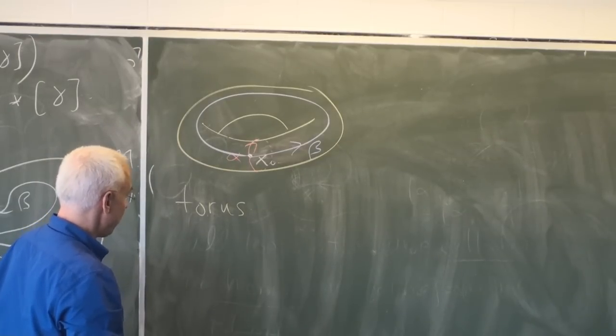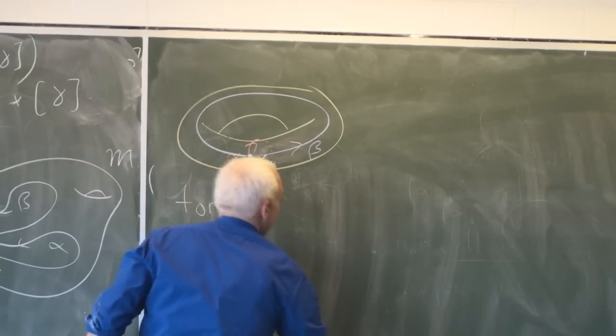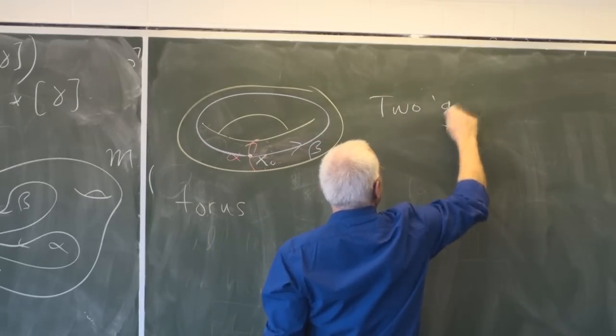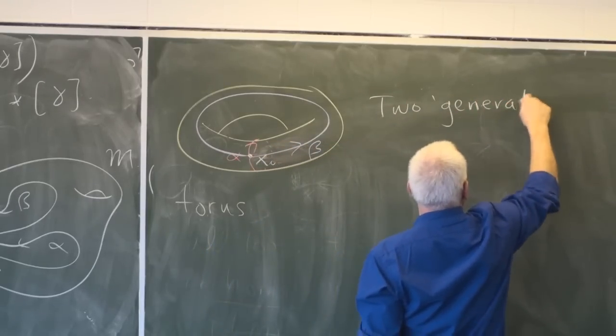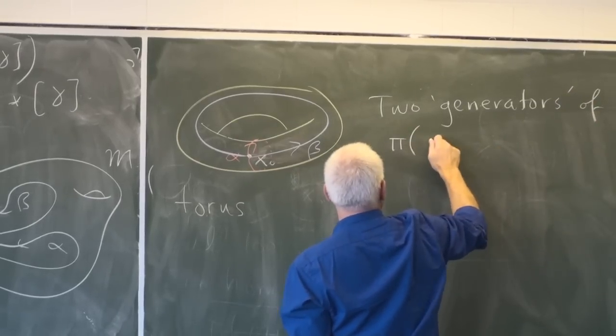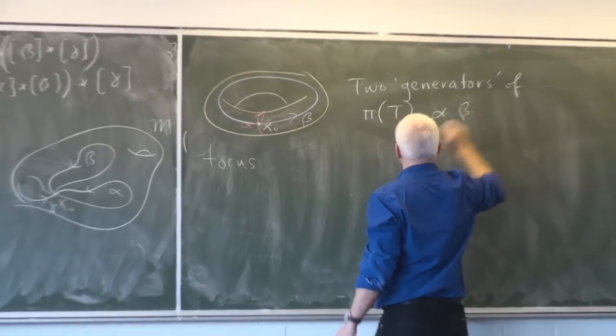And so we have these two fundamental, basic generators of the group. Alpha and beta.